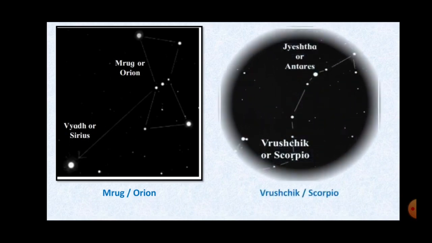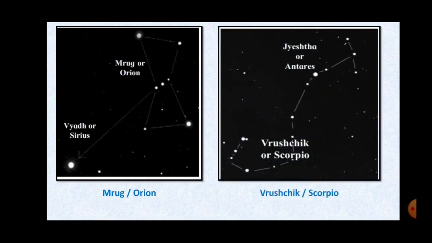Then the next one is Vrishchik or Scorpio. If you carefully observe this figure, it looks like a scorpion. In Hindi it is called Bichu, right? So this Vrishchik or Scorpio is a constellation which has around 10 to 12 stars, and the star Jyeshtha or Antares is the brightest star in the group.